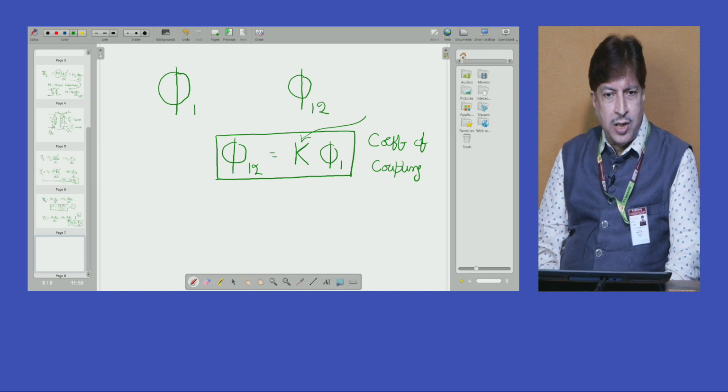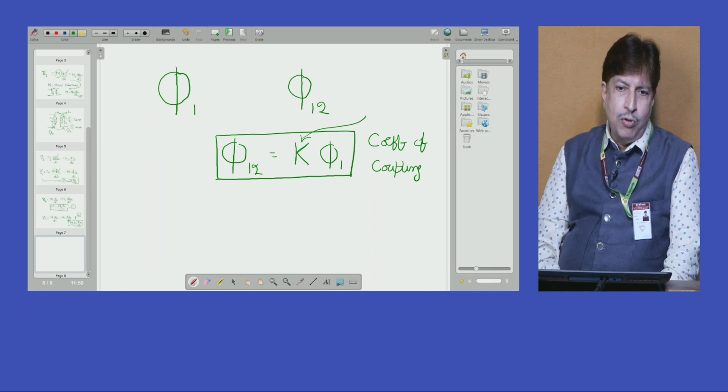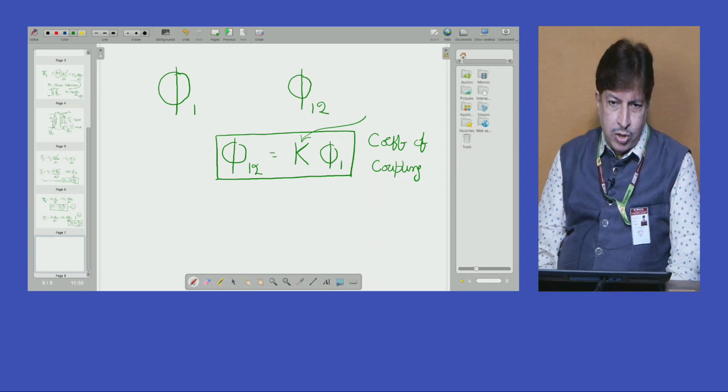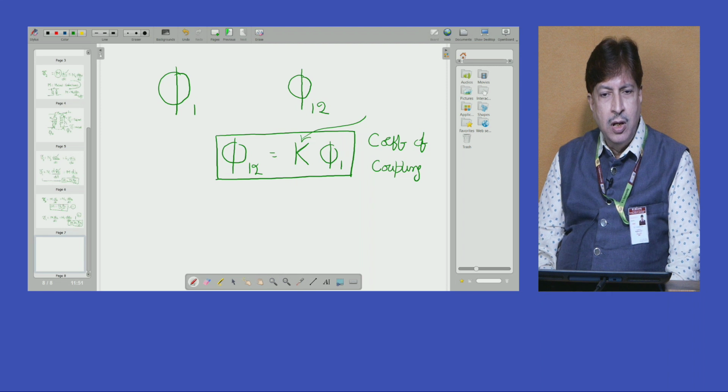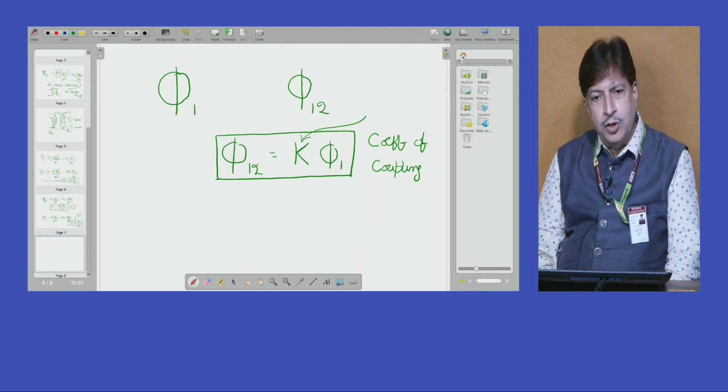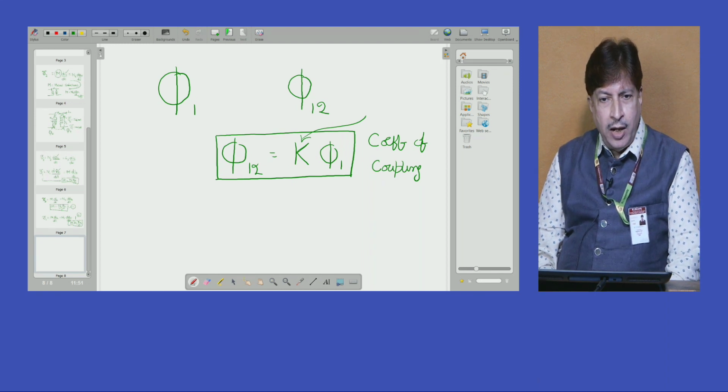A simple example is, suppose you have two coupled circuits. The first coupled circuit has a K value 0.9. The second coupled circuit has a K value 0.7.